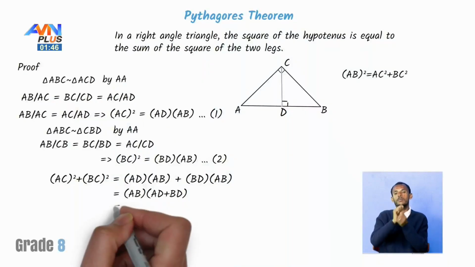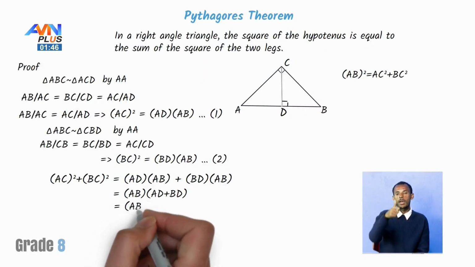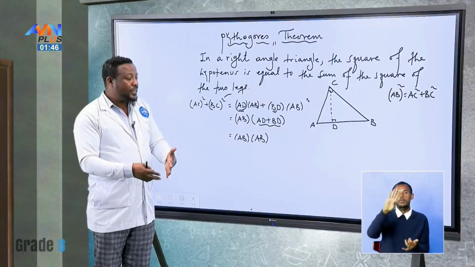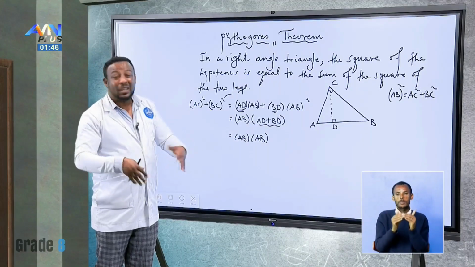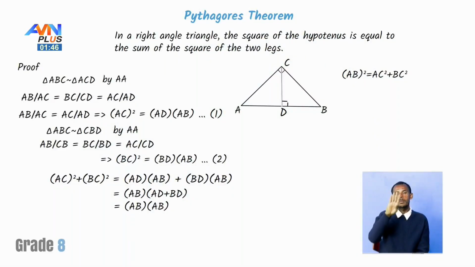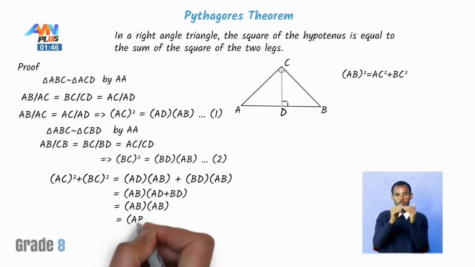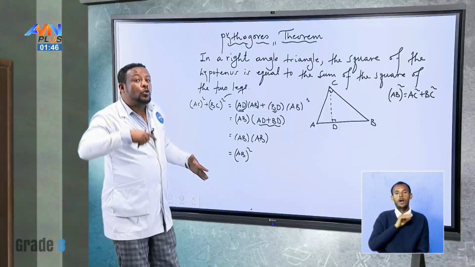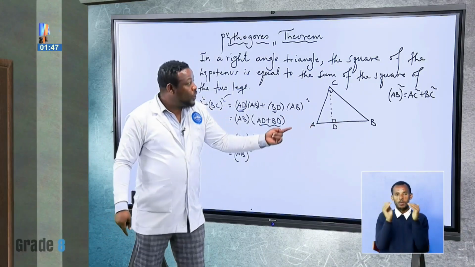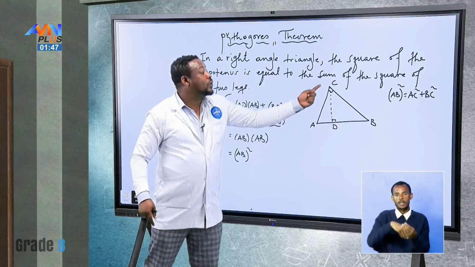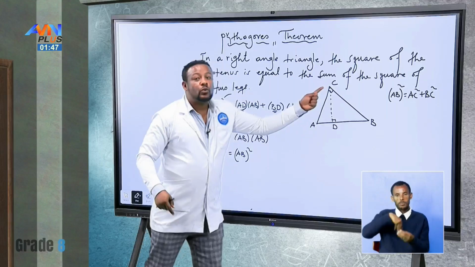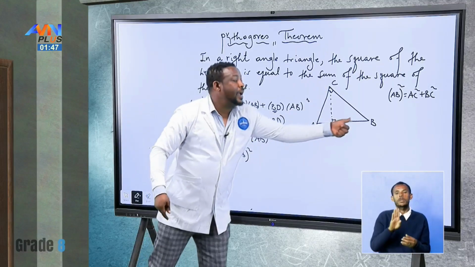So this becomes AB times AB, right? Now, the product of something with itself is square, so AB times AB is AB square. Our objective is to prove that the square of the hypotenuse is equal to the sum of the square of the other two legs. That means AC square plus BC square must give us AB square.